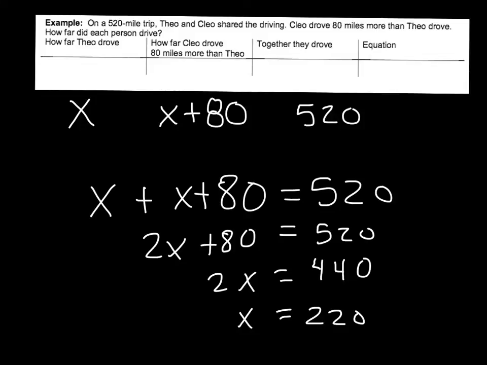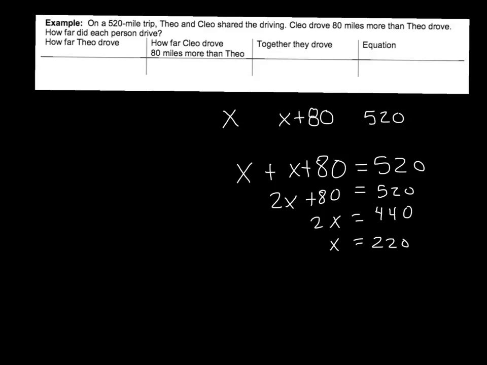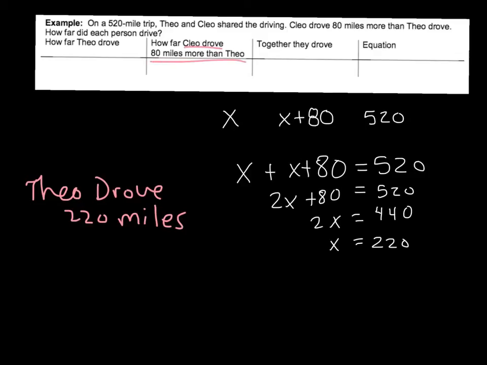Now we want to remember what we said. We said that Theo was represented by x. So that would mean, in this particular example, that he drove 220 miles. But we have to remember that it said Cleo drove 80 more miles than Theo did.